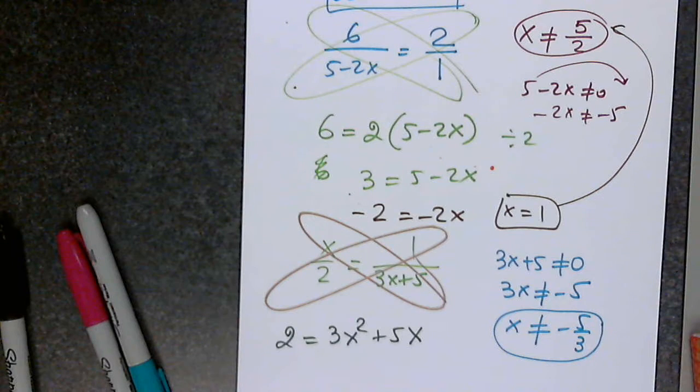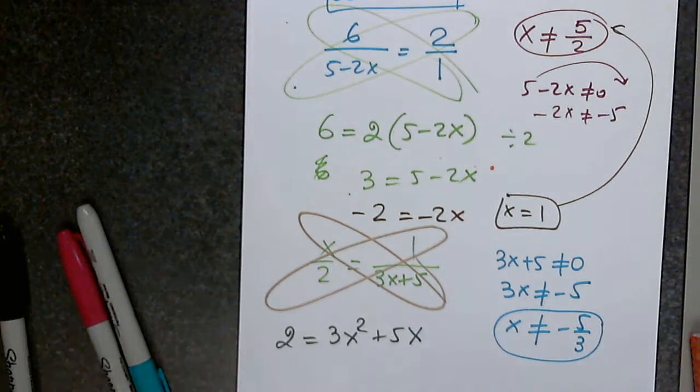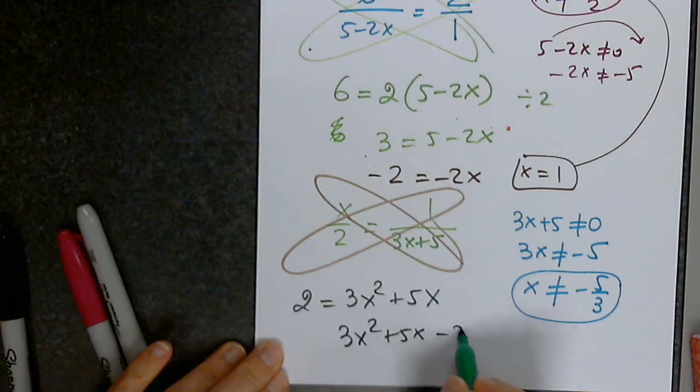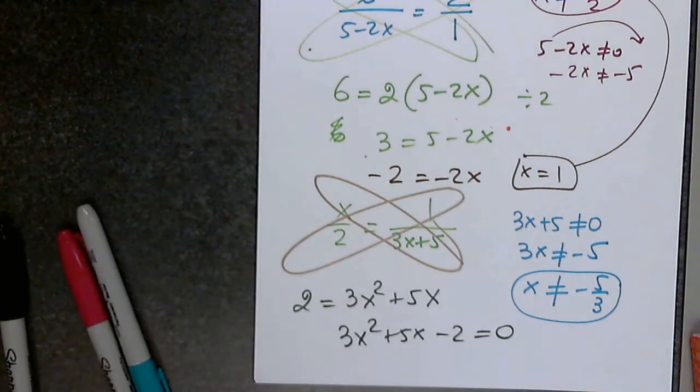This word should be on our minds because we've dealt with quadratic. Now I have to dig deep. Okay, how do I solve a quadratic equation? I have 4 methods, but in this case, I have to set it equal to 0. So I subtract 2 from both sides. 3x squared plus 5x minus 2 equals 0.